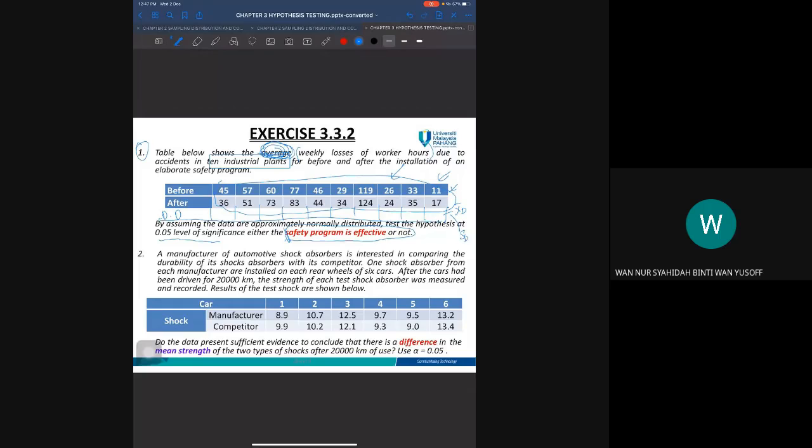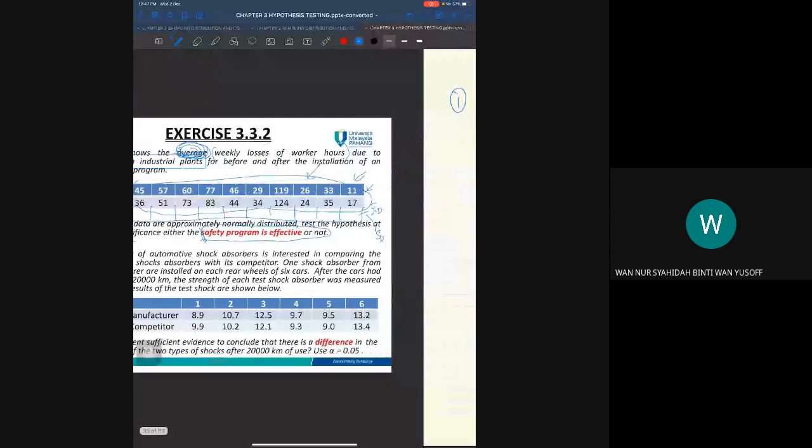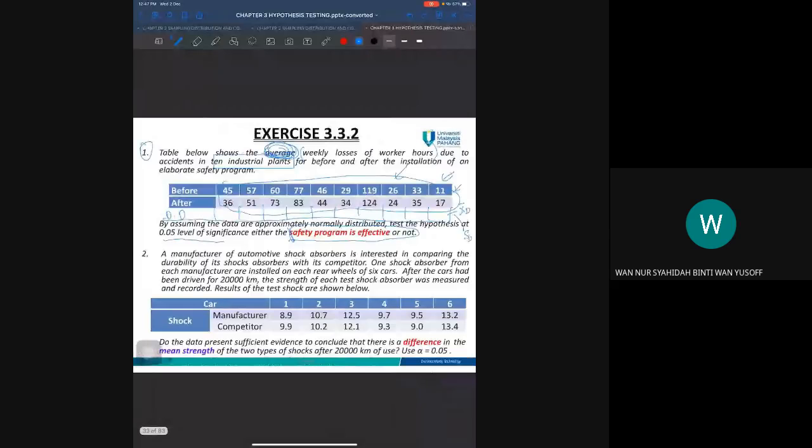We regard this question first as an independent sample, meaning you have mu1 and mu2, and then we convert into a dependent sample, which means we write it in terms of mu D. It is about before and after here, and the variable is weekly losses of the worker hours.